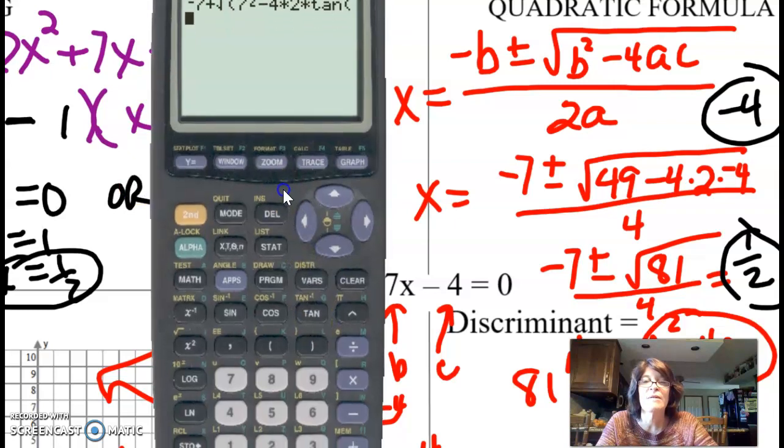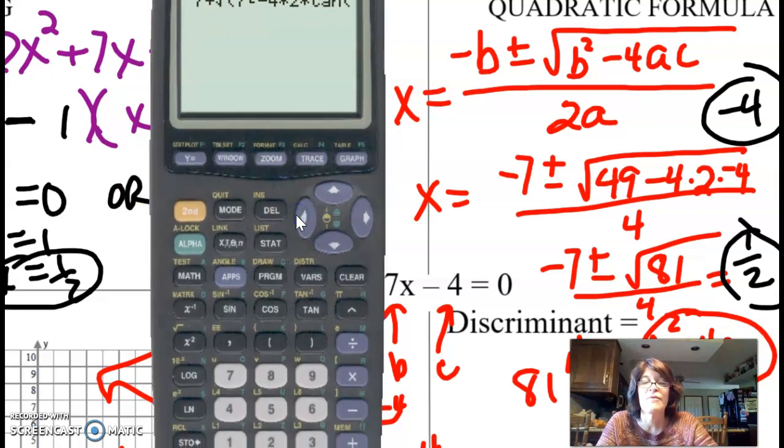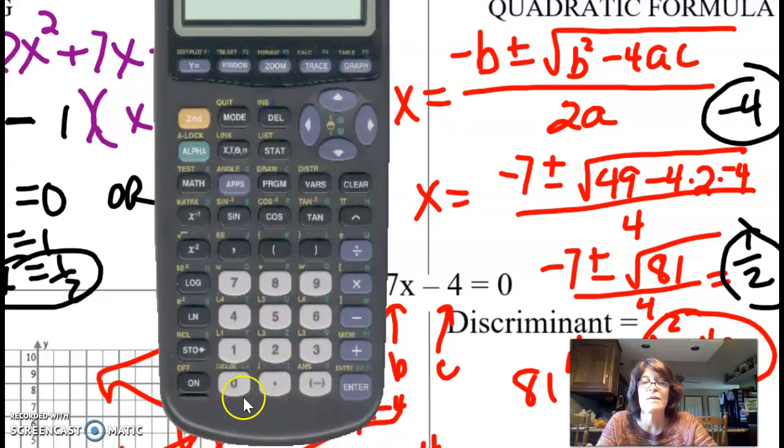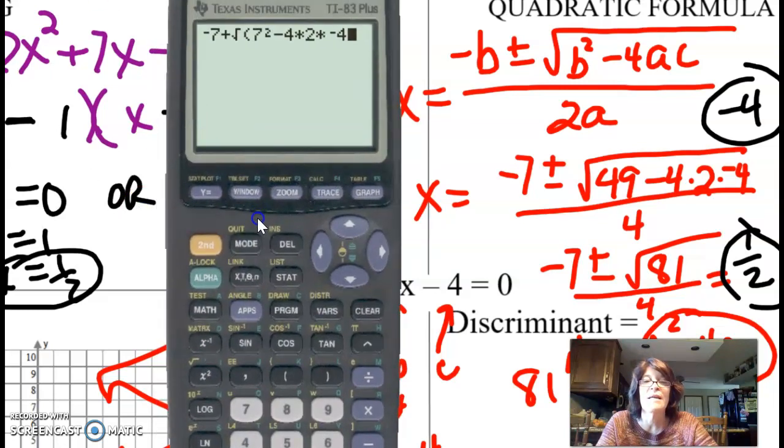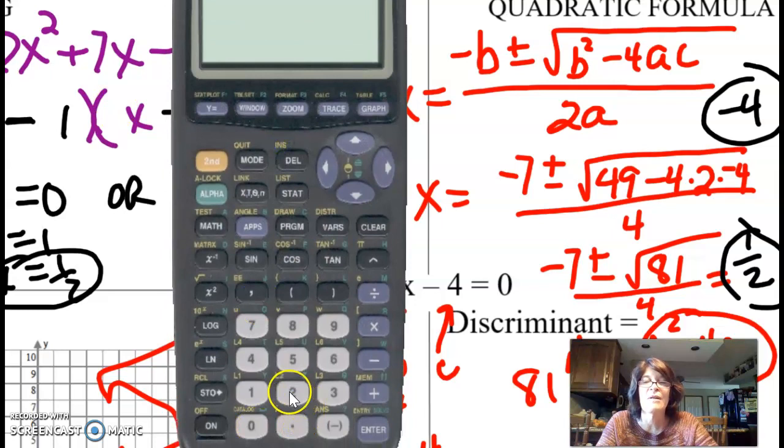Anyway, it'll work fine. Times 2 times negative 4. Sometimes people forget to put their parentheses. They just write divided by 4 in this case.